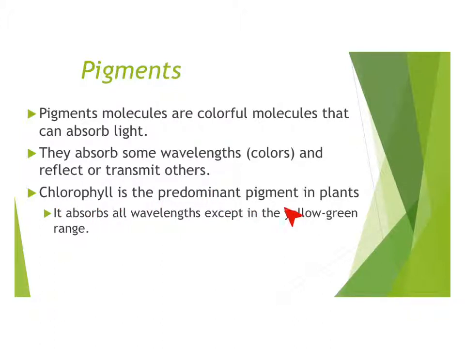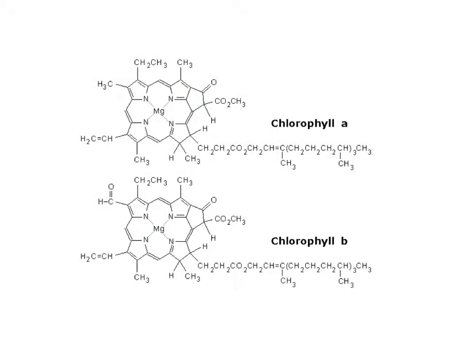Chlorophyll is the predominant pigment that we see in plants, and it happens to absorb all wavelengths except in sort of the yellowish greenish range. So we see plants as greenish in color because the predominant pigment is chlorophyll, and it's going to reflect that green light. That's what we see. There are actually two chlorophylls. There's chlorophyll A and chlorophyll B. They're slightly different greens. And I just wanted to show you their structure.